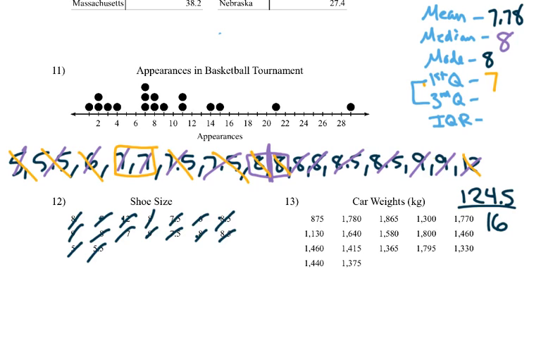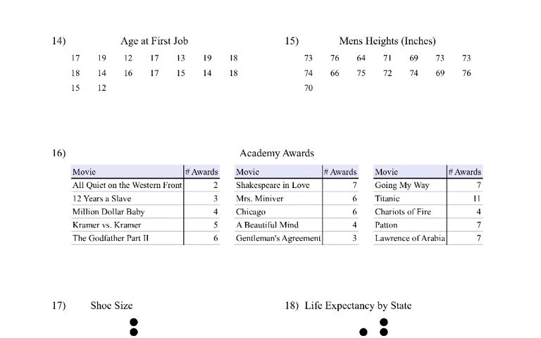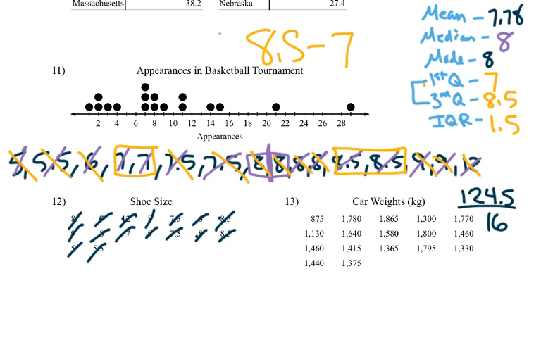Our upper quartile, between 8.5 and 8.5, so interquartile range of 8.5 minus 7 would be 1.5. And you can now find the rest of those, okay? But that gives you some idea of how to do each type, and there you guys go.